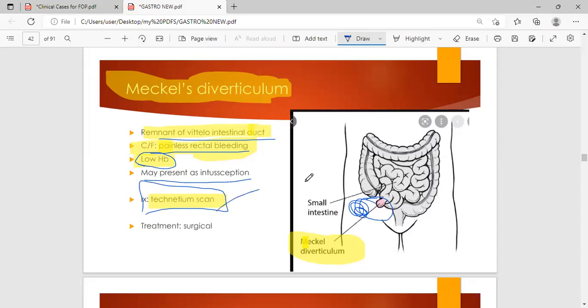Whenever we find gastric cells in the lower part of the small intestine, it is likely due to Meckel's diverticulum, because in this diverticulum we usually find gastric cells. So the choice of investigation in Meckel's diverticulum is the technetium scan. Now let us go back.